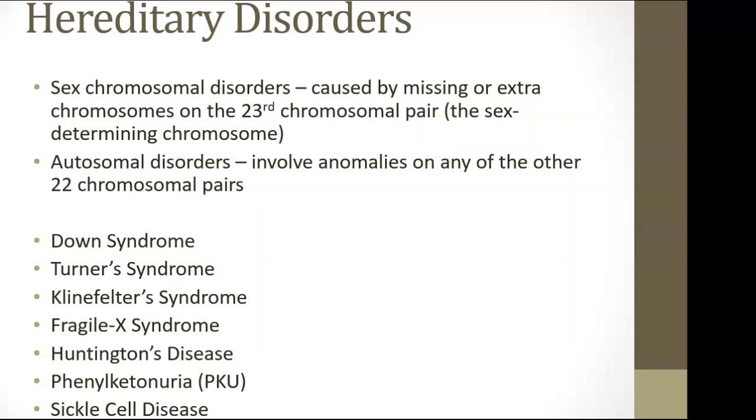We start, of course, with Down syndrome. It's the 21st chromosome, and we are all very familiar with that, so we don't need to go on about it. But then we have Turner syndrome, where a chromosome is missing from a chromosomal pair. It's called a monosomy. An example of this is Turner syndrome, in which a female loses an X from the 23rd chromosomal pair.